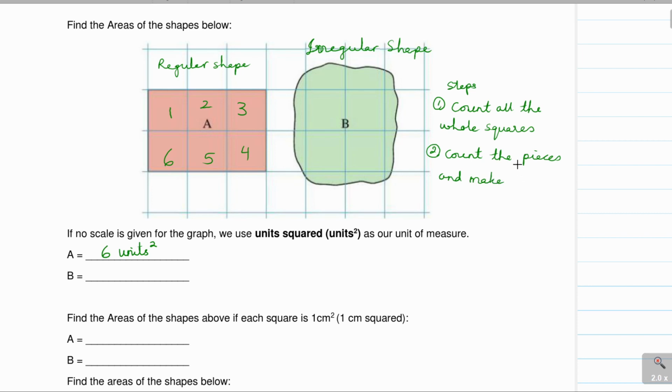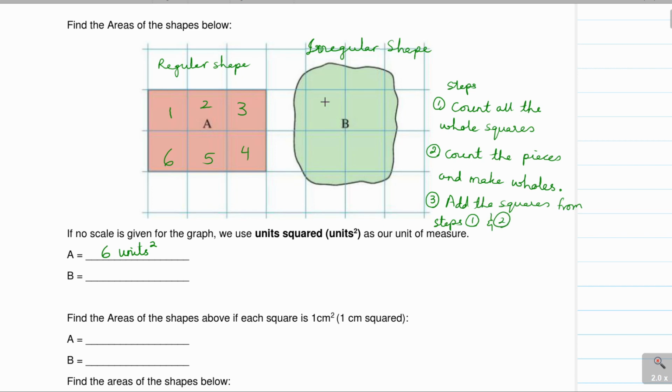Now not H-O-L-E-S, right? We don't want holes in the paper. We want W-H-O-L-E-S, whole squares. Right? The third step would be add the squares from steps 1 and 2.